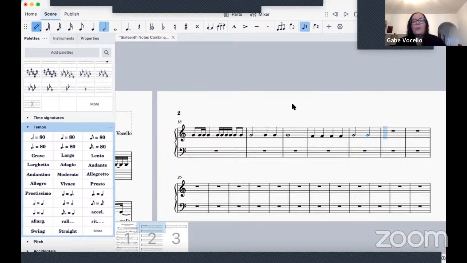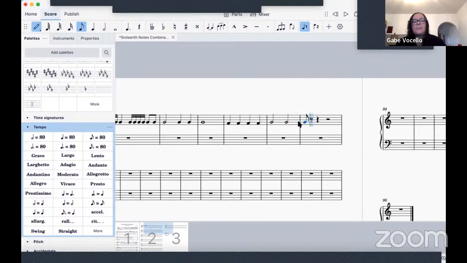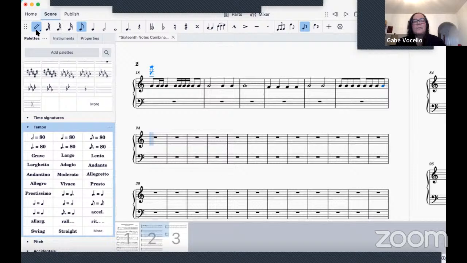One whole note is equal to 8 eighth notes. One whole note is equal to 4 quarter notes, 2 half notes, 8 eighth notes, 16 16th notes.